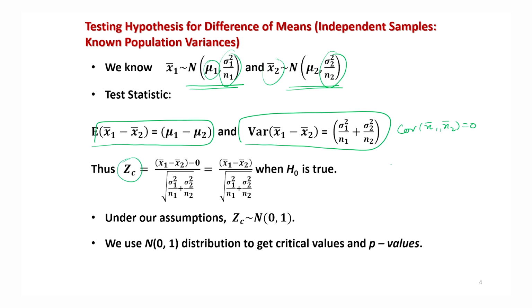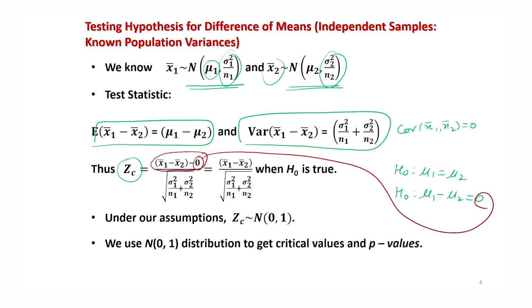So if you see here this hypothesis H naught: mu1 equal to mu2, I am considering it as H naught: mu1 minus mu2 is equal to 0. So now if you look at this statistic, x1 bar minus x bar 2 minus 0, the 0 is coming here because of this 0.